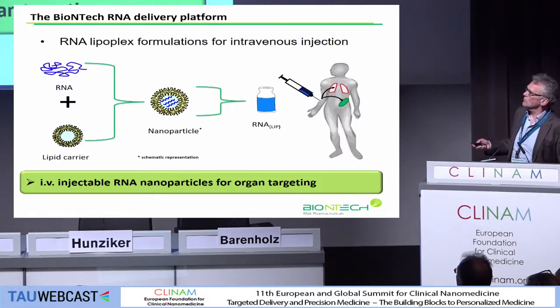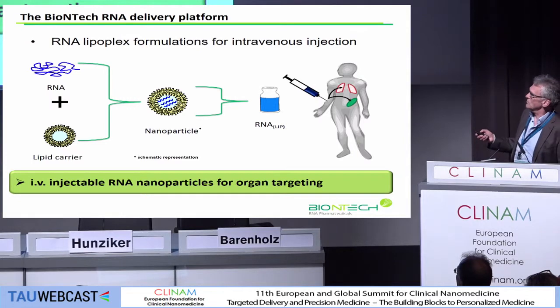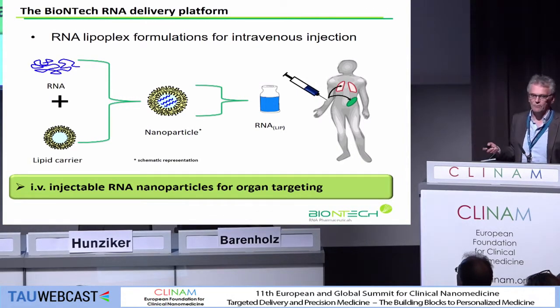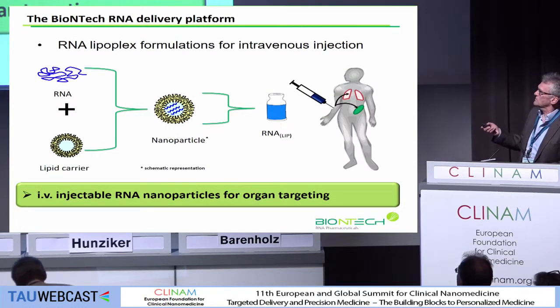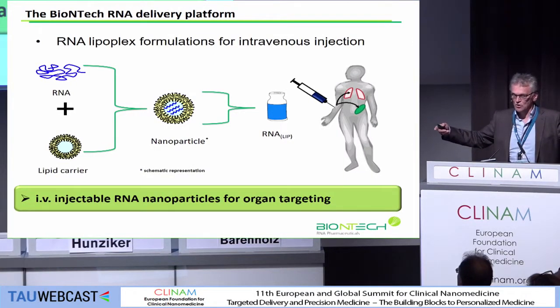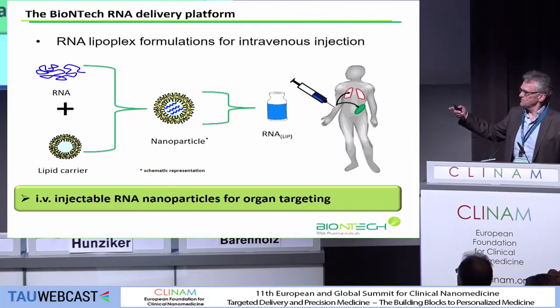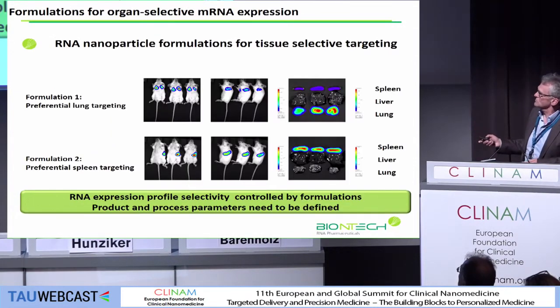This will focus on our known technology platform of RNA lipoplex nanoparticles, which we form from cationic liposomes and RNA by a self-assembly process. We get stable colloids, which are intravenously injectable, and we can engineer them to obtain selective targeting RNA expression in certain organs.